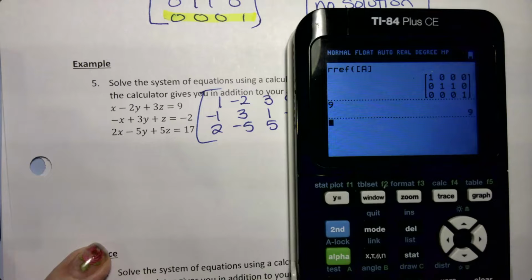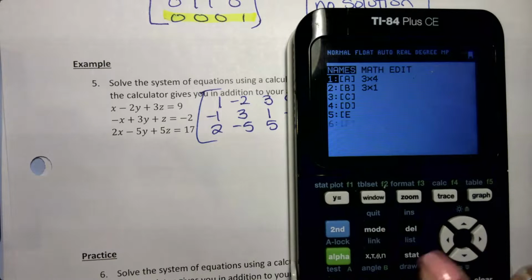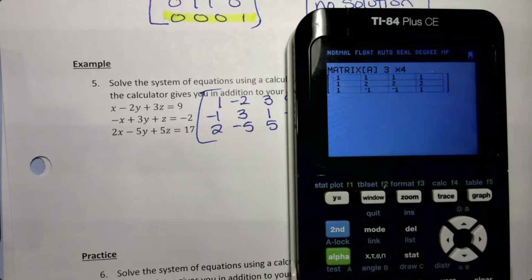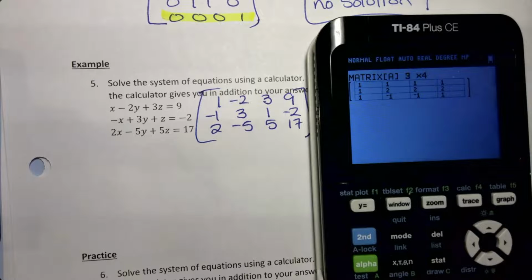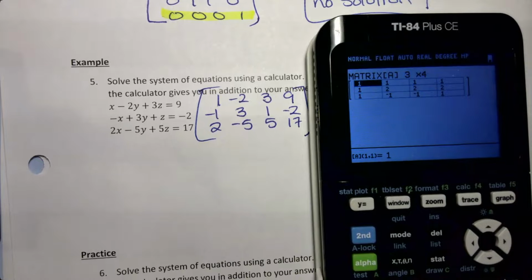Clear my screen. I'm going to go second matrix, edit. 3 by 4 is already set up right. So then I have 1, negative 2, 3, 9, negative 1, 3, 1, negative 2, 2, negative 5, 5, 17.